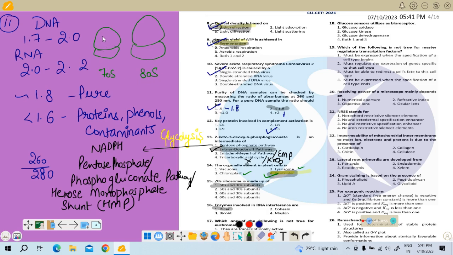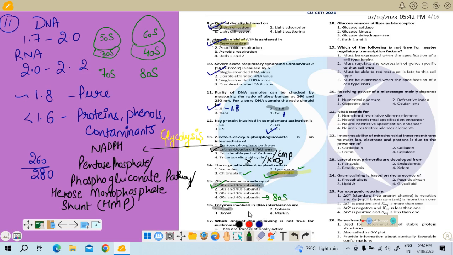Each has a large subunit and a small subunit. In 70S we have 50S and 30S. In 80S we have 60S and 40S. 70S is 50 and 30. If you see the fourth option, they are talking about 80S ribosomes.